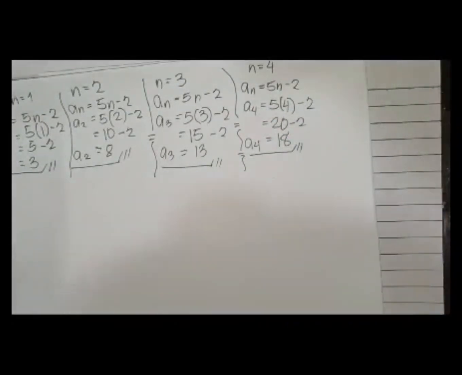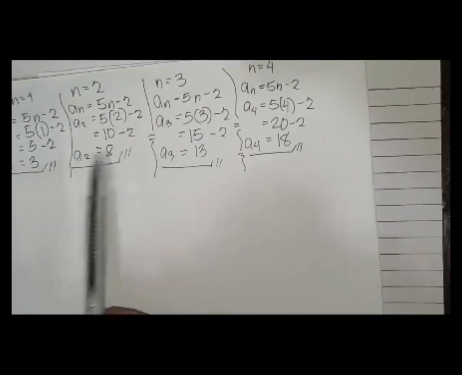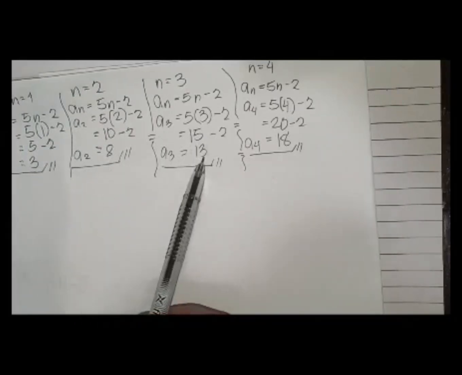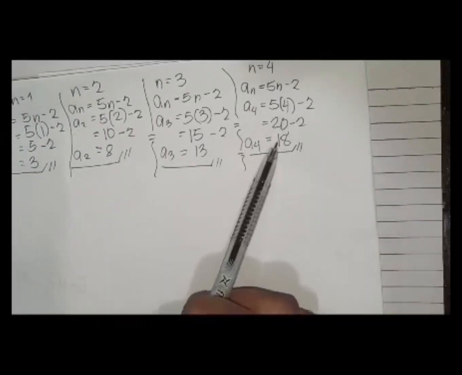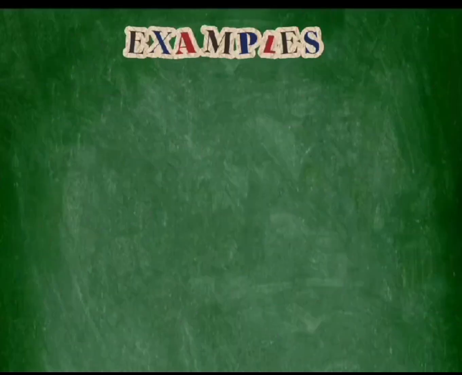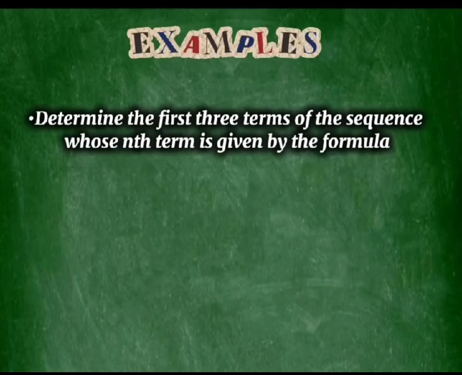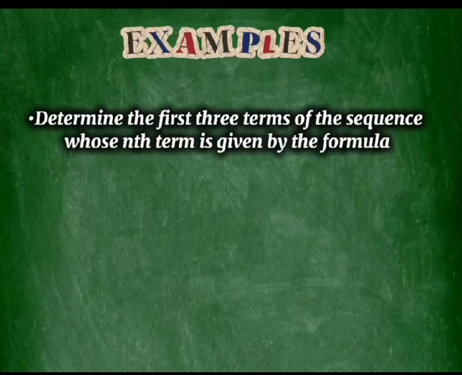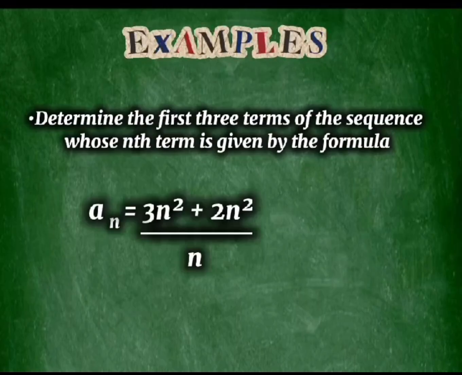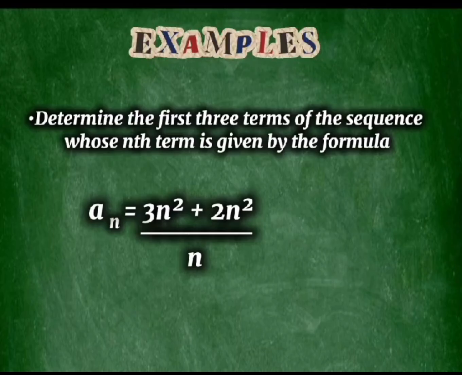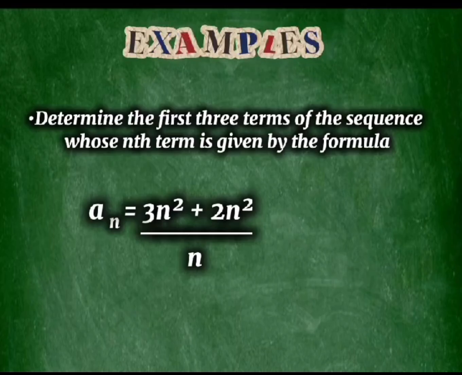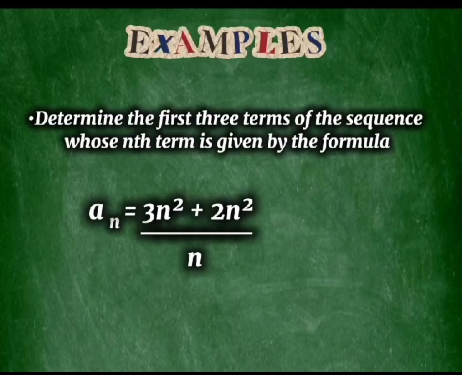So the first 4 terms of the sequence are 3, 8, 13, and 18. Second example. Determine the first 3 terms of the sequence whose nth term is given by the formula a sub n is equal to 3n squared plus 2n squared over n.